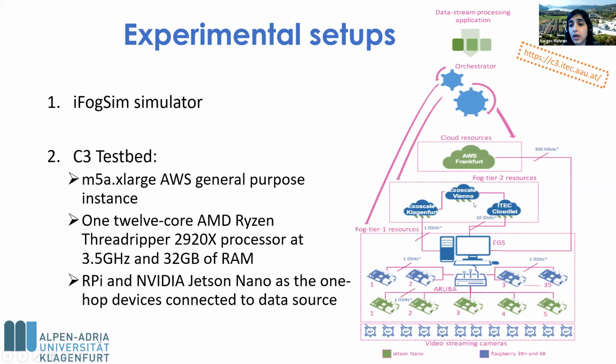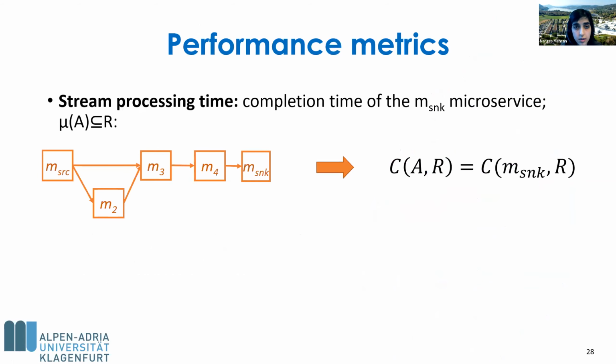It consists of different levels of resources, from the cloud and fog resources, which reside in Vienna and also in Klagenfurt, and at the end they are connected to the lowest level of fog resources, which are interconnected through an OpenFlow switch. Inside that we have single board computers such as NVIDIA Jetson Nano devices and Raspberry Pi devices.